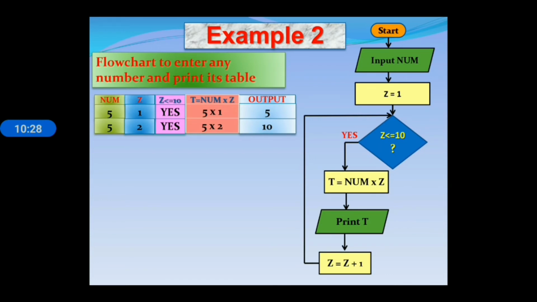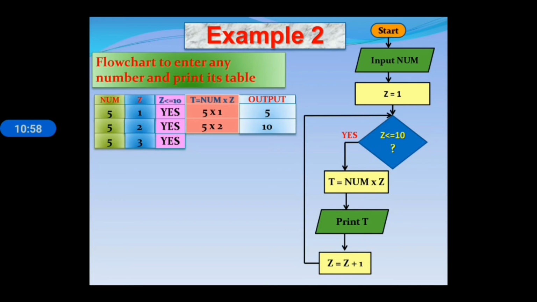Then it will print the value of t, that is 10, and again the value of z is increased by 1 in the processing box where it is written z equals z plus 1. Now the value of z becomes 3. Again it returns to the decision box and checks whether the value of z is less than or equal to 10 or not. Yes, the value of z is less than 10, that is 3.